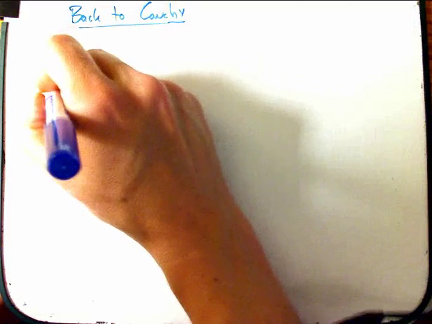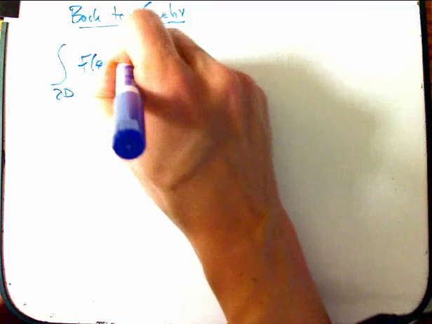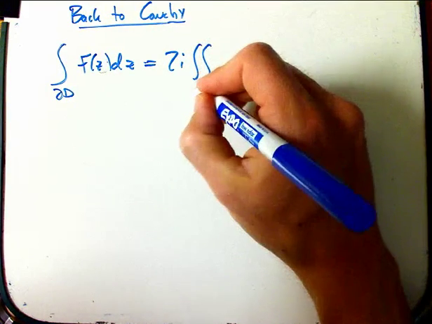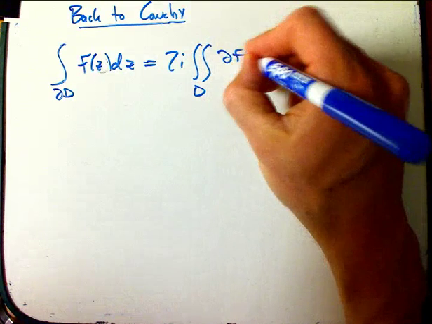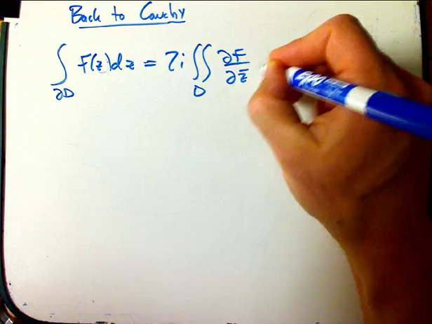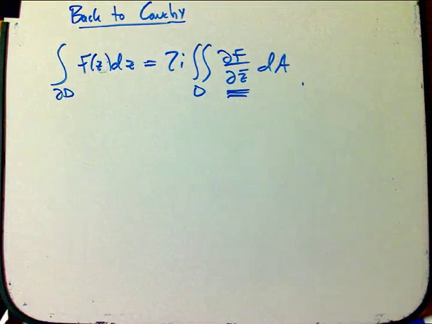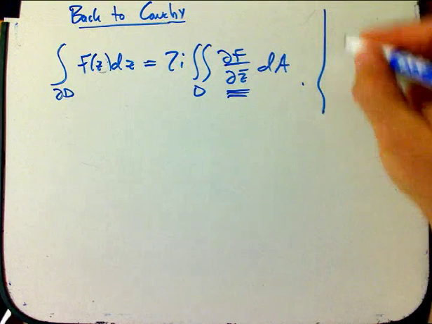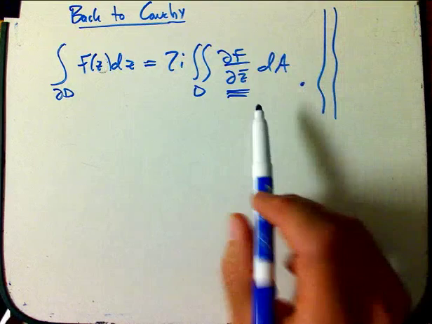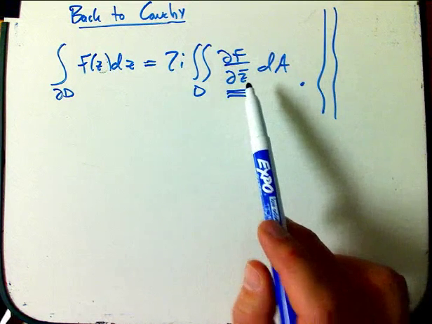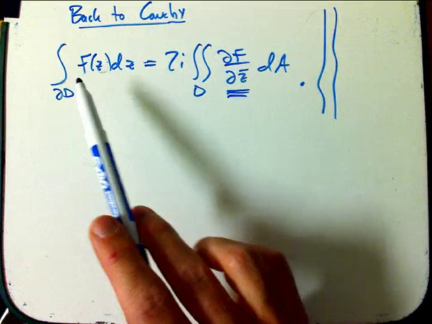It says the integral over the boundary of a region of the function is 2i times the integral over the inside of this funky derivative. And of course the corollary is if that's 0, then you just get 0. That was the basic case of Cauchy's theorem. So this lets you go beyond just complex differentiable functions and lets you put in things with z bars and get a lot of cool results about those.